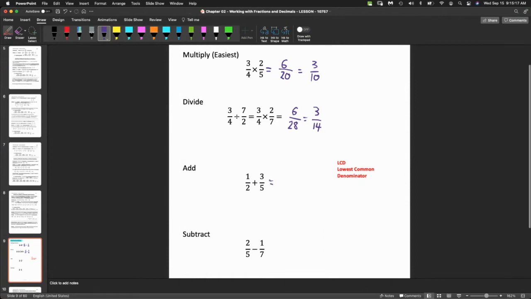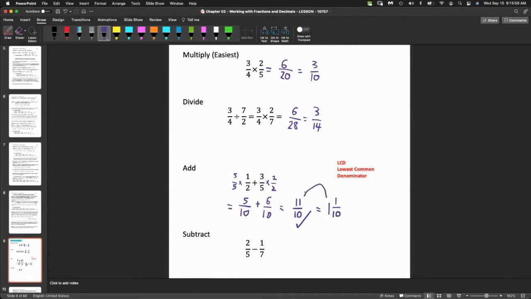So what you can do is take the first fraction and multiply by 5/5, and then take the second fraction and multiply by 2/2. So we get 5/10 and 6/10. I don't have a lot of room, so I'm going to work it sideways here. So that's 11/10. This answer is correct. If you want to write it in proper form, as Huria did there, yes, you can write it as 1 1/10.